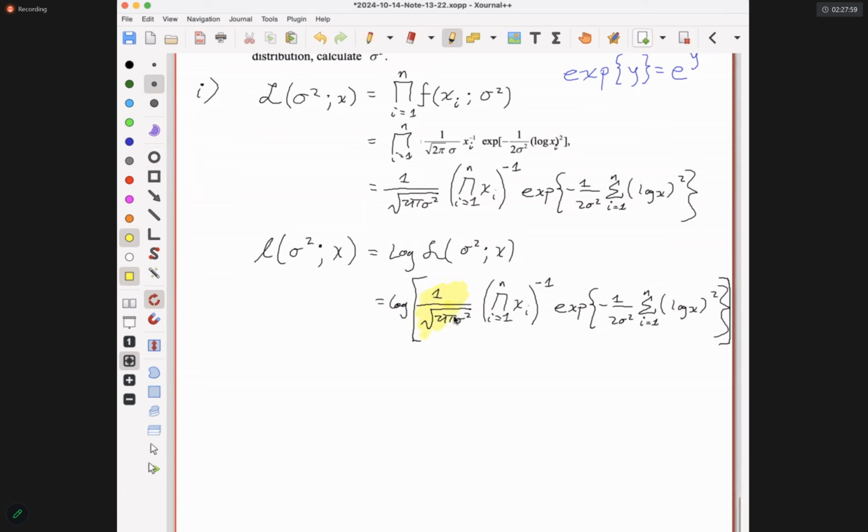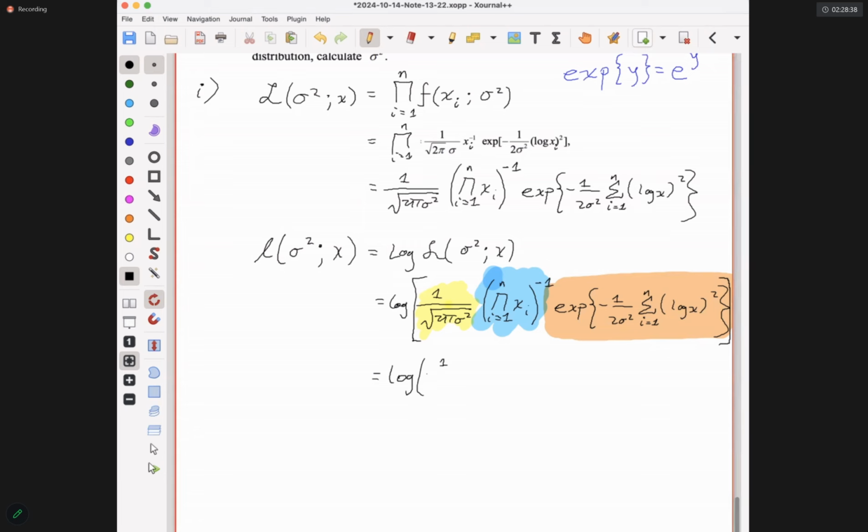Yeah, and we really have 3 parts of this. So we have this one, this one, and this one. So we can split this into 3 separate logarithms. Let's just write them separately first.